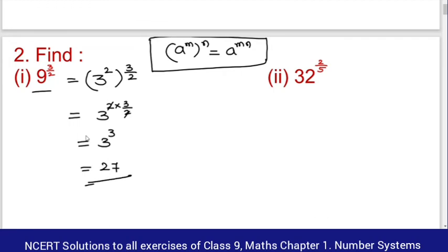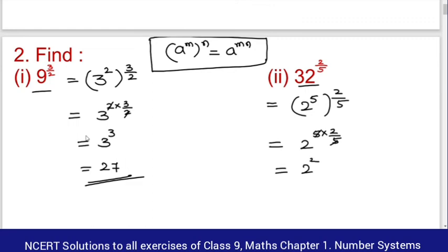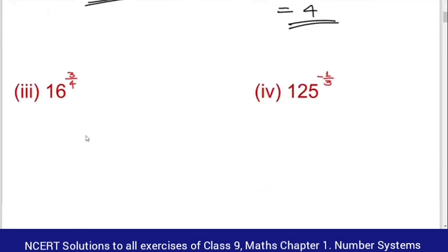Now second one 32 to the power 2 by 5. This 32 can be written as 2 to the power 5 whole raised to 2 by 5, which is equal to 2 to the power 5 into 2 by 5. 5 gets cancelled. Remaining is 2 square, which is equal to 4.